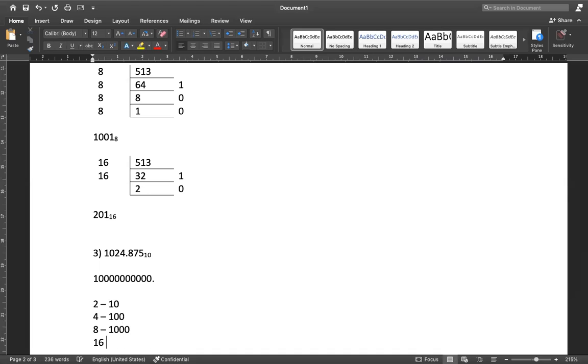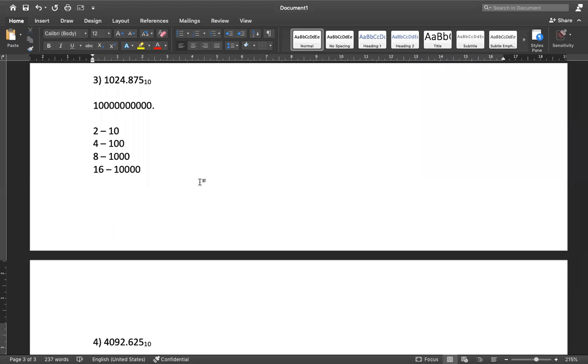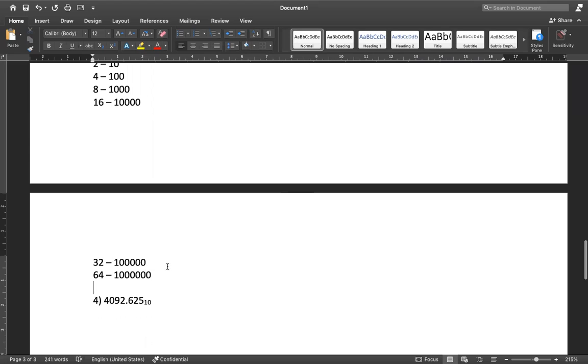16 means 2 to the power 4. Right? 32 is 2 to the power 5, then 5 zeros. 64 is 2 to the power 6, so 6 zeros: 1, 2, 3, 4, 5, 6.